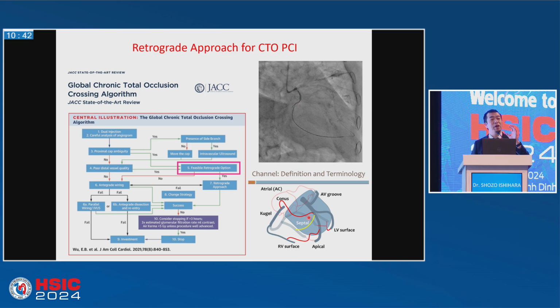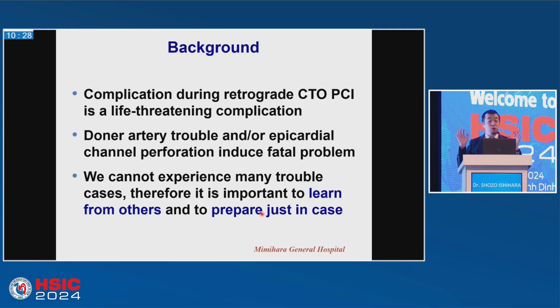There are many collateral channels, as you know. The septal channel is relatively safe, but if we perforate an epicardial channel, it's a very serious situation. Complications during retrograde CTO PCI are life-threatening.